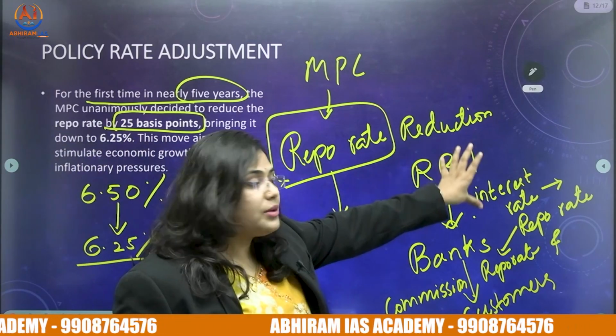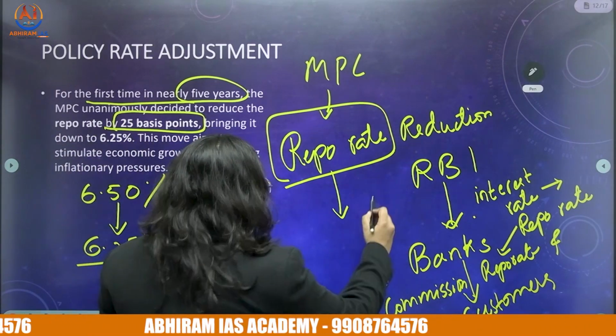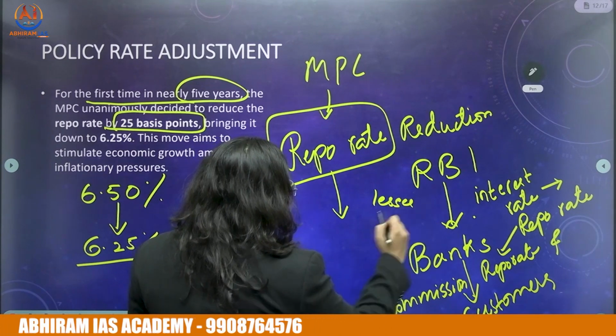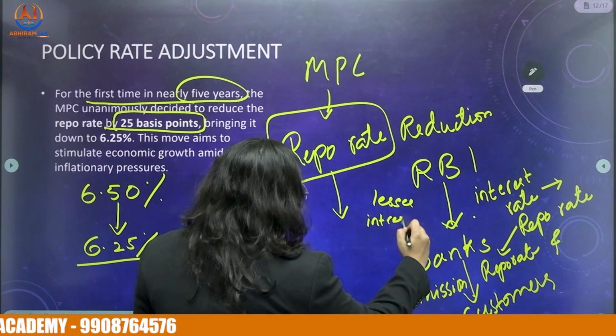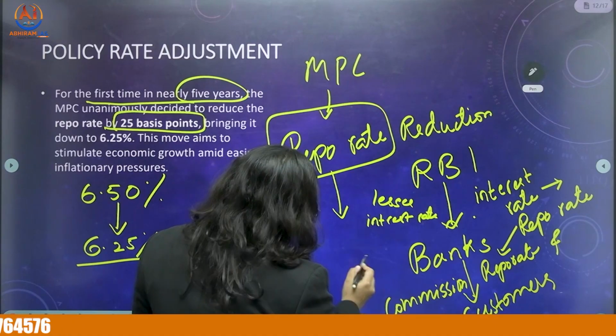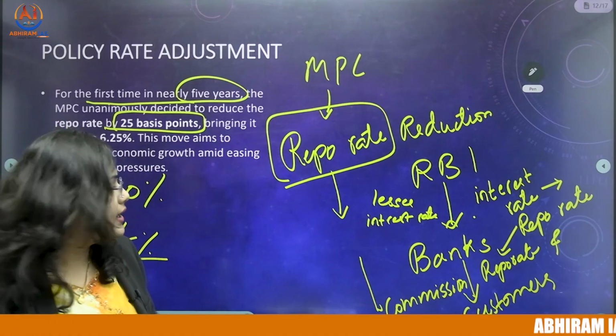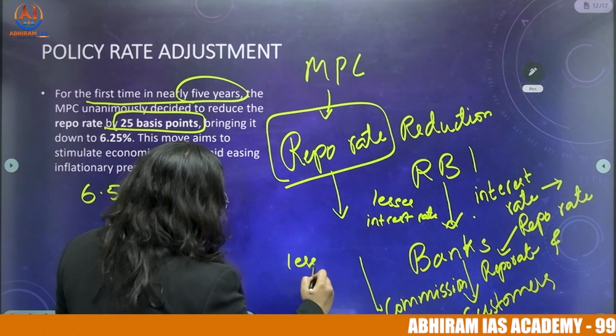If RBI is now giving money to the banks at a lesser interest rate, banks in turn will give it to customers at a lesser interest rate.